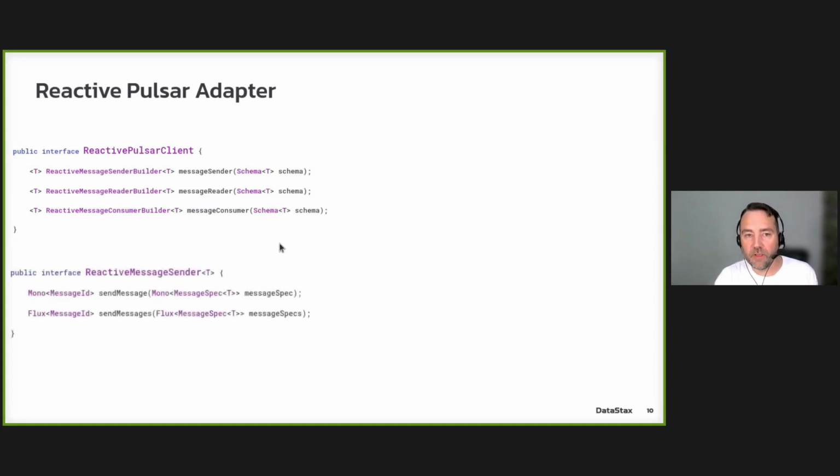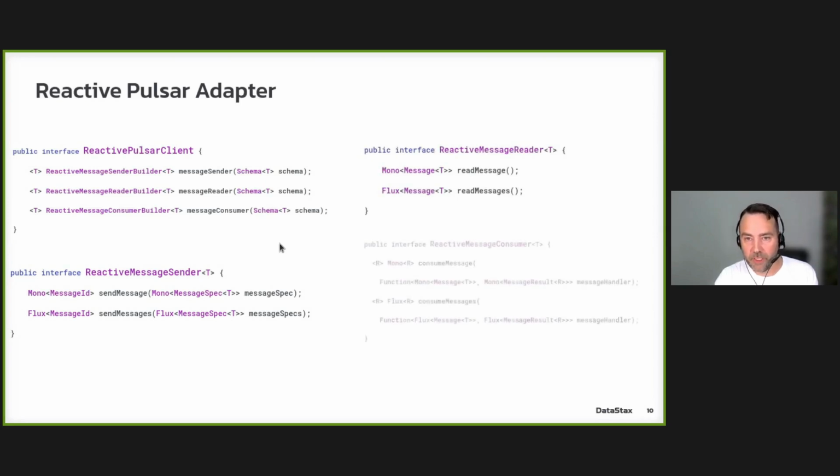I'm not showing those builder interfaces, but I'll show just the sender, reader, and consumer interfaces. On the sender, there's simply sendMessage, sendMessages. Similarly on the reader, there's readMessage, readMessages. And on the consumer, there's consumeMessage, consumeMessages.